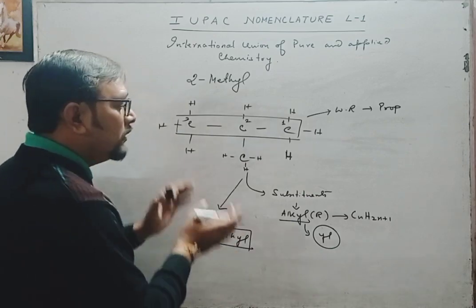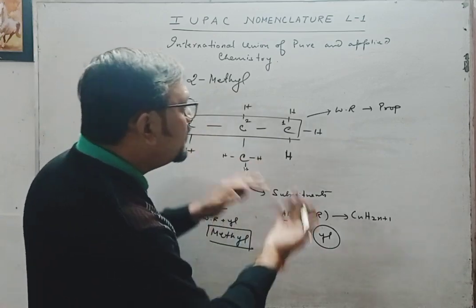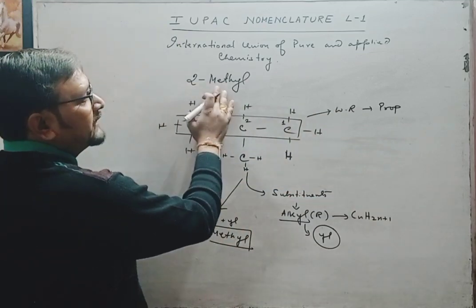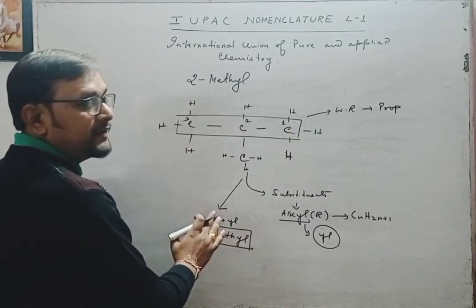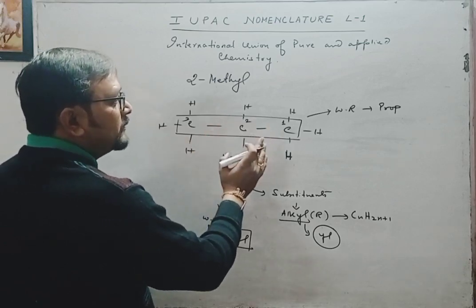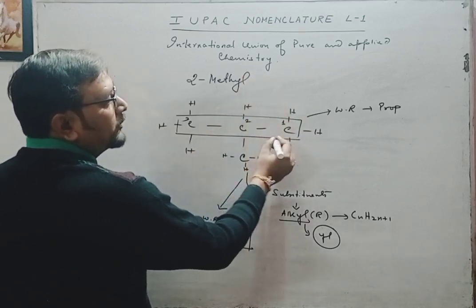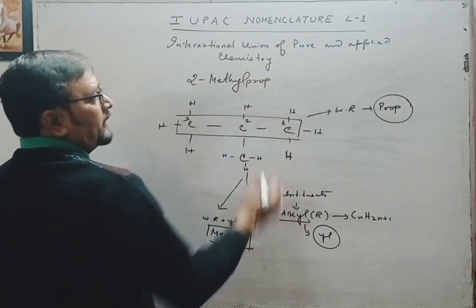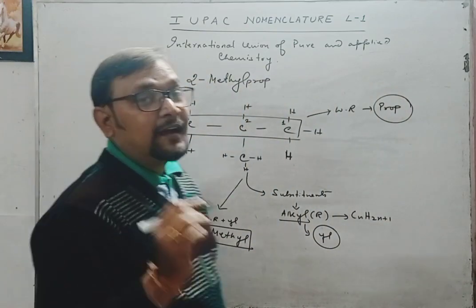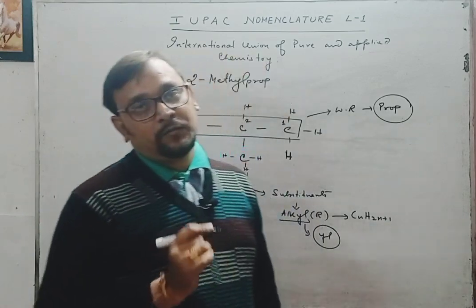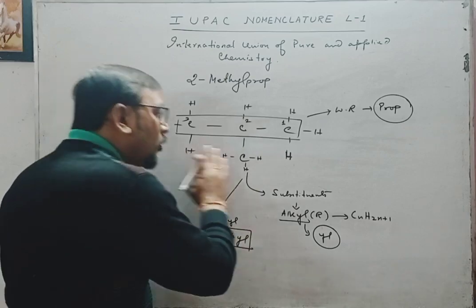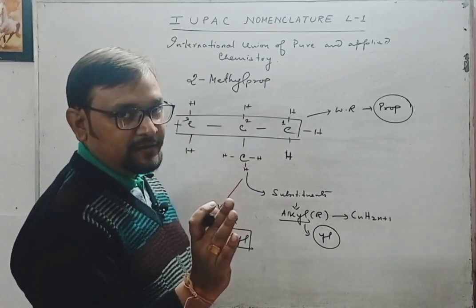So what is the rule? First the substituent, then the word root, then the suffix. Already 2-methyl I have written, so I will directly move on to the word root. What is the word root, my dear students? It is prop. Now what is the suffix here? There is no double bond or triple bond, no functional group in this chain.